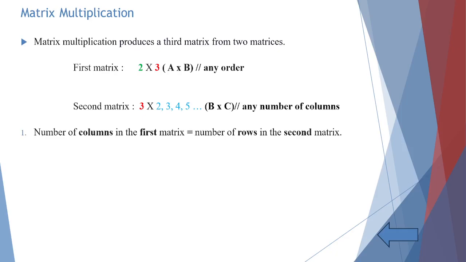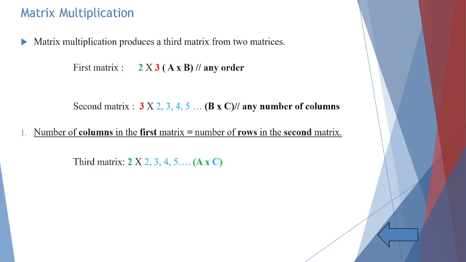The number of columns in the first matrix must be equivalent to the number of rows in the second matrix, A by B, B by C. Now coming to the third matrix, it must be A by C. A is 2, the number of rows of the first matrix.